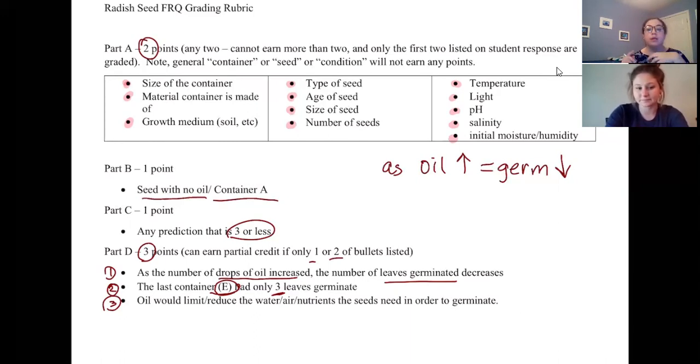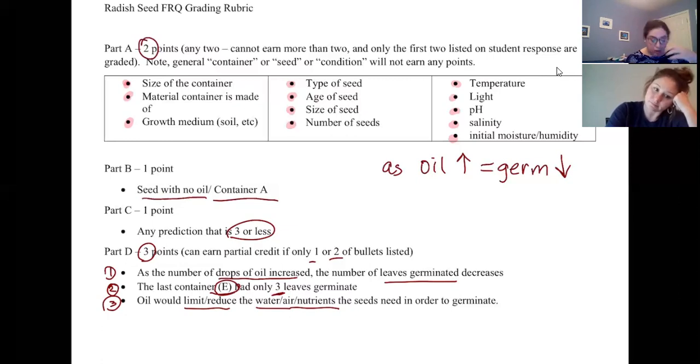Number 3 required you to think and apply more at a biology level and make that connection. So for that third point, you would talk about how, connecting it to biology, oil would either reduce or limit the amount of water, air, or nutrients that the seed needed in order to germinate.